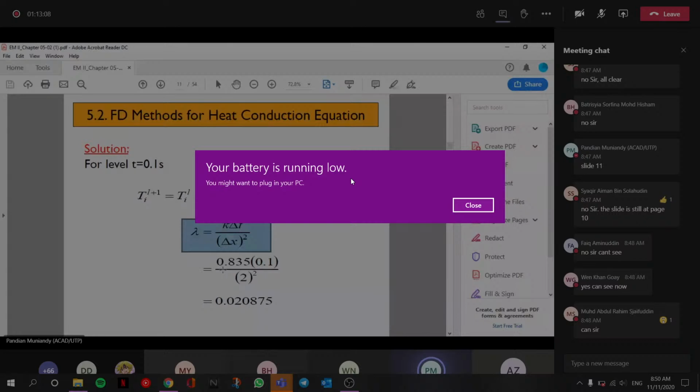In this case, you are using the instrument we call a calculator. Of course, you can use an iPhone or any device to calculate this, not necessarily a calculator. Of course, you can use a calculator on the internet as well. So 0.835 multiplied by del T 0.1 divided by del X squared.